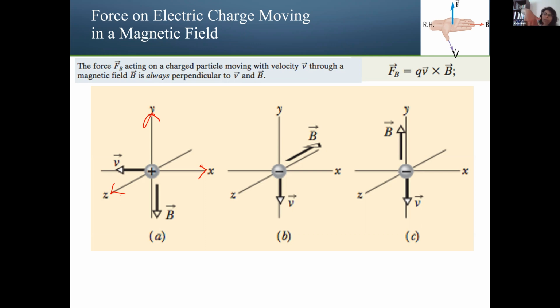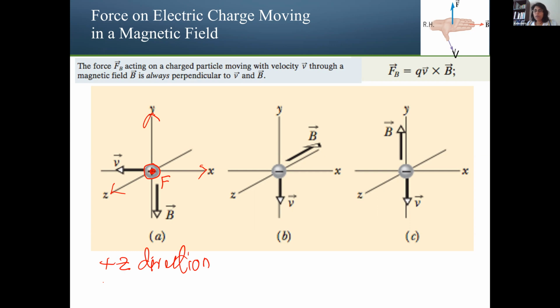Now the palm of my right hand is open towards me, that means outward from your screen. So if it is a positive particle, the force is in the outward direction. That means it is actually the Z direction. Positive Z axis.